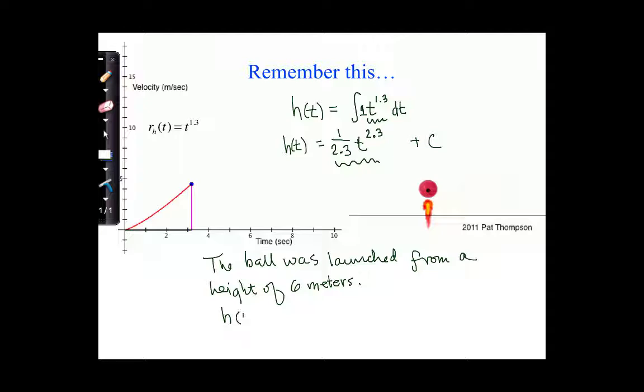One, since I already wrote most of the height function, I can just make sure that at time 0, this comes out to be 6. Since at time 0, this is a power function, this comes out to be 0, then I'll just put a plus 6 on the end of it.